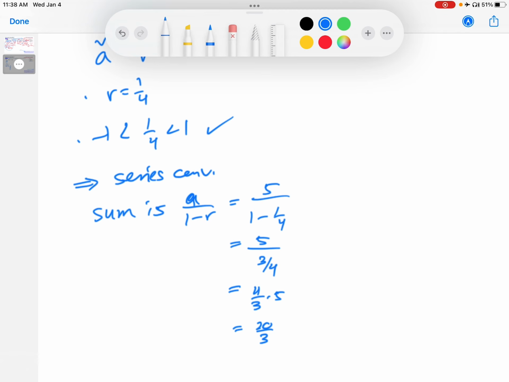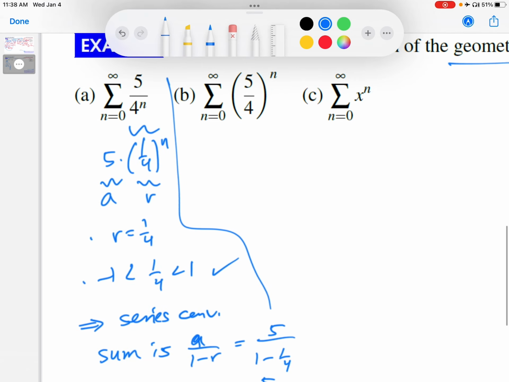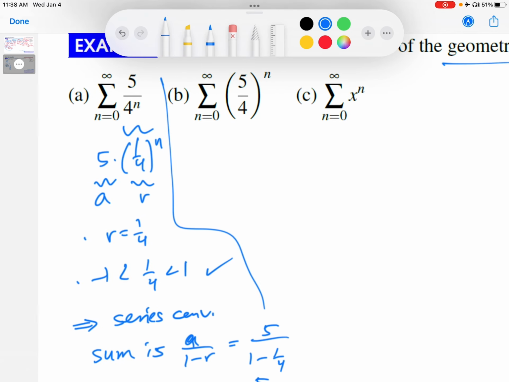Okay, let's keep going here. What about B? So part B, this is a different series. You can see that it's very similar to the one we just did, and this is why I wrote it this way, except we've changed things in a very subtle way. So this is now the r value. r is 5/4, right?